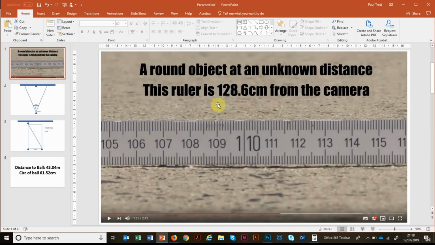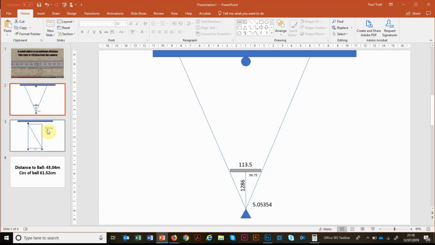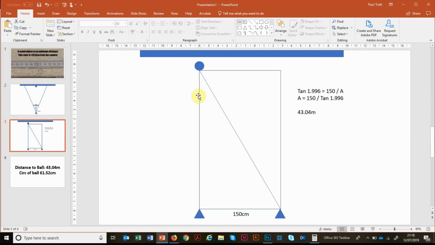There's a few areas where this could have fallen down. This didn't have tenths of millimeters on it, and just a slight variation here could have thrown things out a little bit. The measurements I was taking were to the front of the ball. If I was being really pedantic about it, I could measure in Photoshop the angular distance from the side of the ball for the second measurement to work out the diameter, because when you're working at angular size, you're measuring to the center of the sphere, not the front edge.